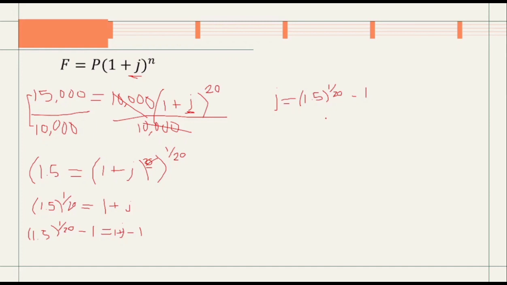Then we simplify it. So the answer is j equal to 0.0205, or equivalent to 2.05%.